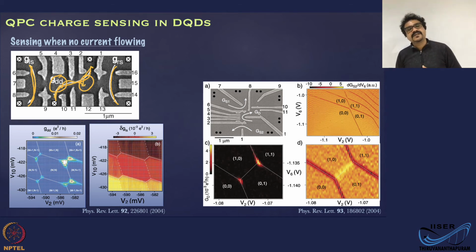Okay, that's what it is. Whereas you can sense the motion of the electrons using the current through one of these channels. So in this experiment, only one of these gates was energized. So you have only a quantum dot. Though the design will tell you that you can have another set of dots here, in this experiment, only one of these gates is energized to have the quantum point contact formed.